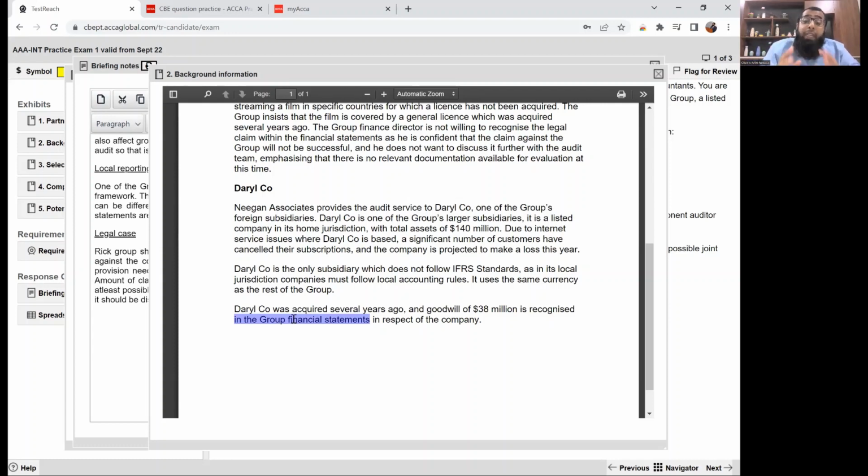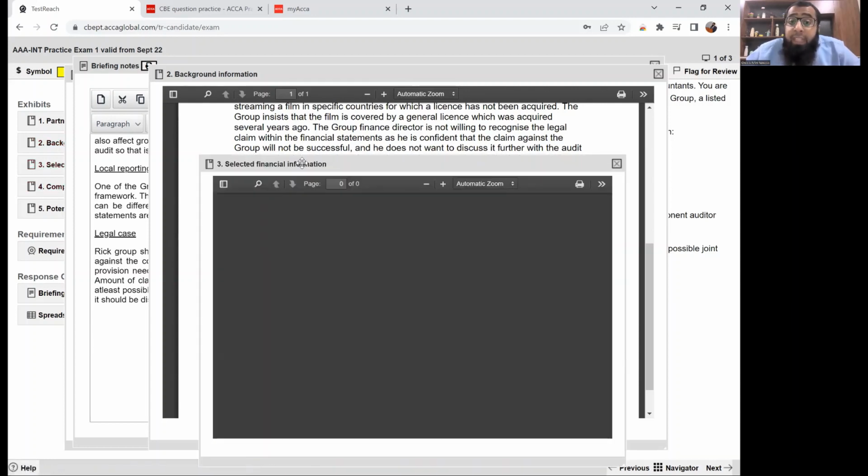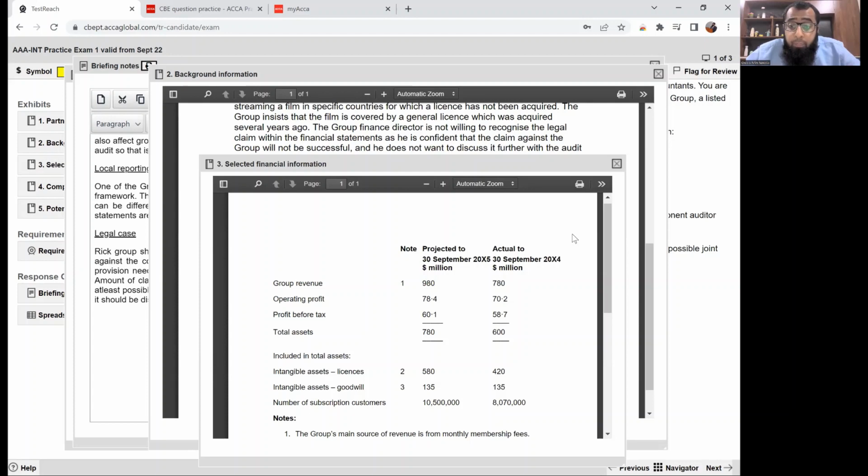Now, while you read this information about Daryl company, you can find some things. Like you are given the total assets of the Daryl company. If I look at other exhibits, like here is one more exhibit, which is selected financial information, I can find the total assets of the group, which are $780 million. So I can calculate the materiality of the Daryl company.